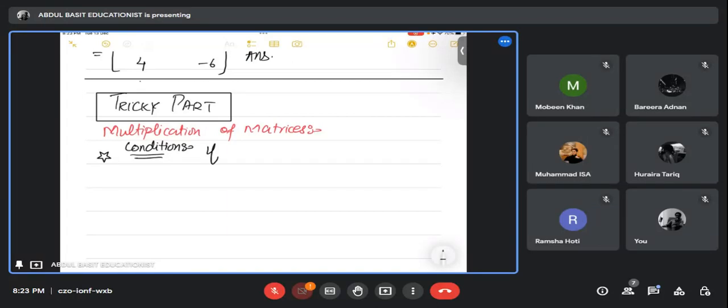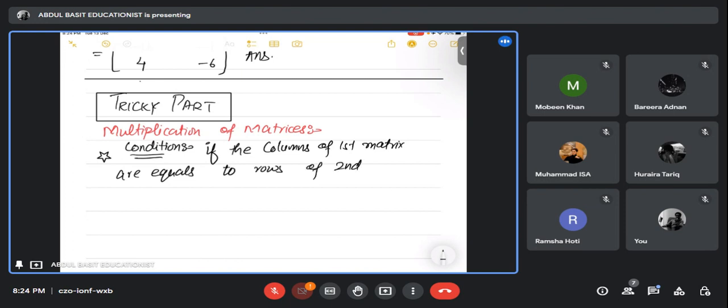That if the columns of first matrix are equal to rows of second matrix.